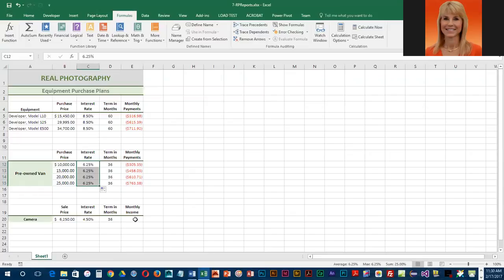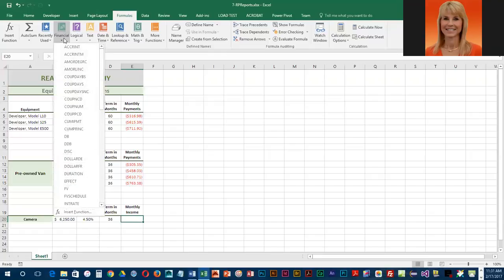And they want us to do this one more time. Now they want to figure out what the monthly payments are for a 2-year loan at 4.5% interest. And this is for payments on a fairly expensive camera. So we're going to click on the E20 and we're going to insert the payment function.